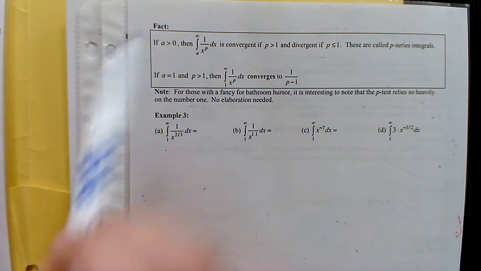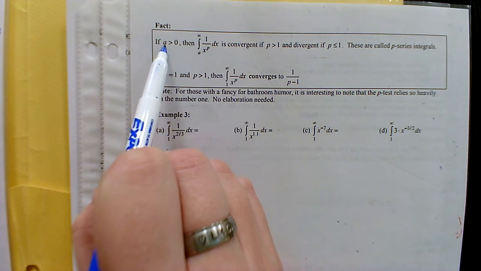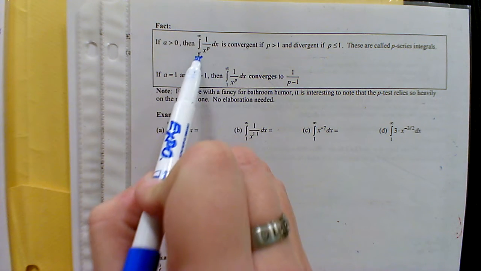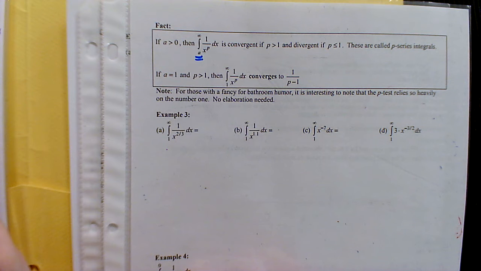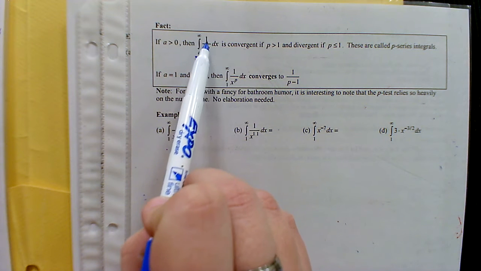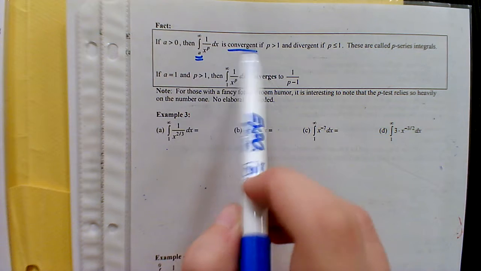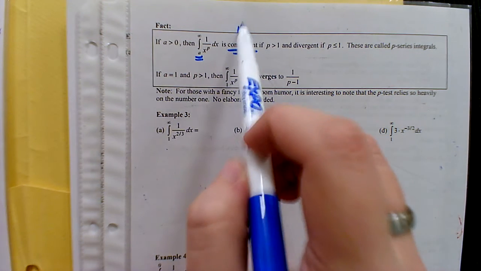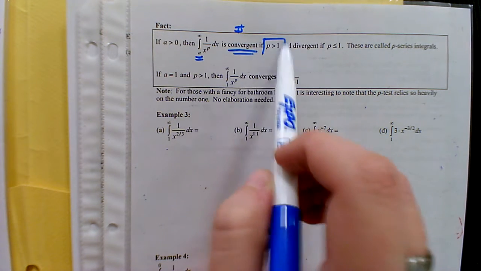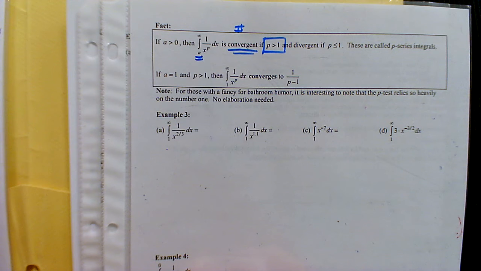So, little fun fact here. For any a value bigger than 0, where a is representing your lower bound, this format of 1 over x to a power converges, meaning you get a number, if the power is bigger than 1.